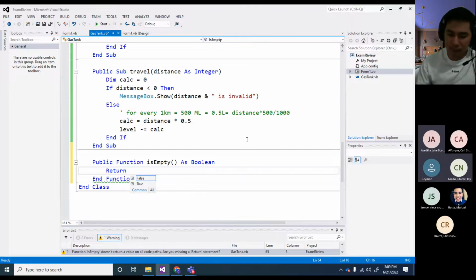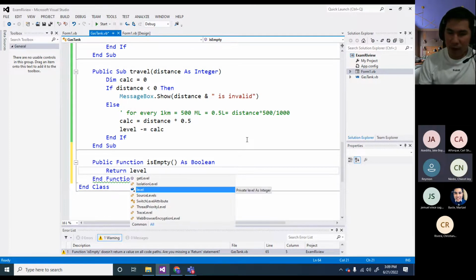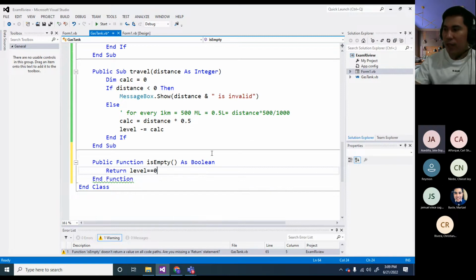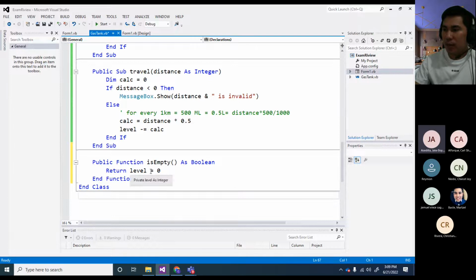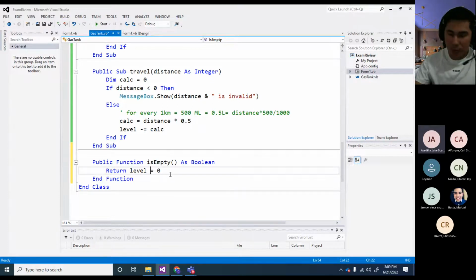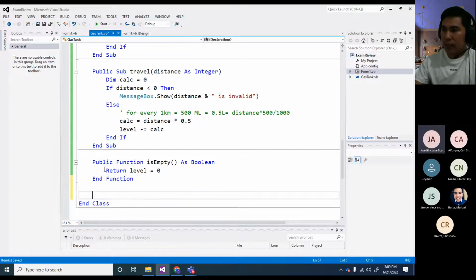Zero level, sir. Yes, less than zero. Less than or equal to 0, right? We can use less than or equal to 0, but we can also use level equal to 0.